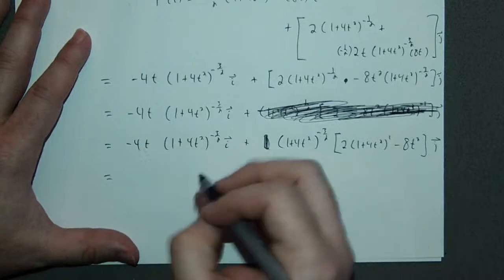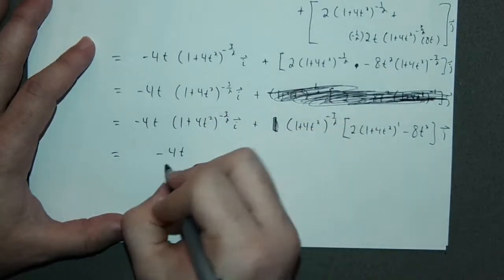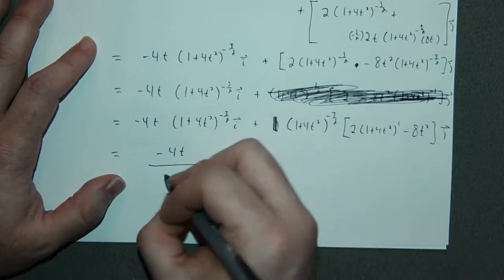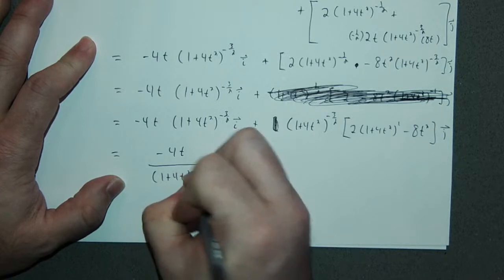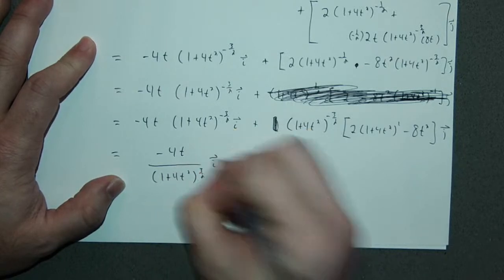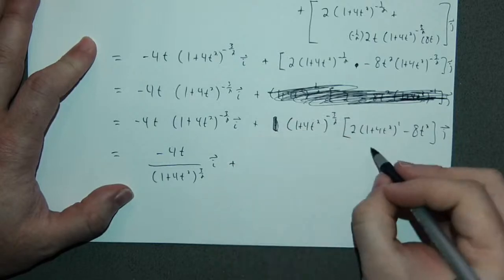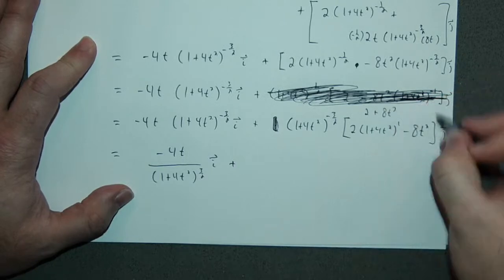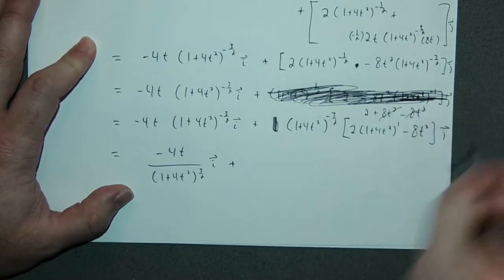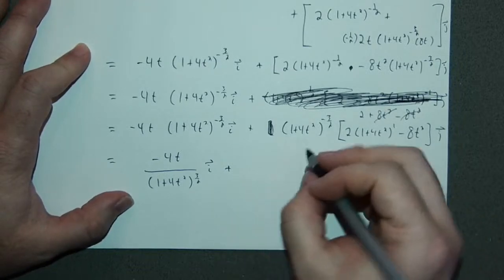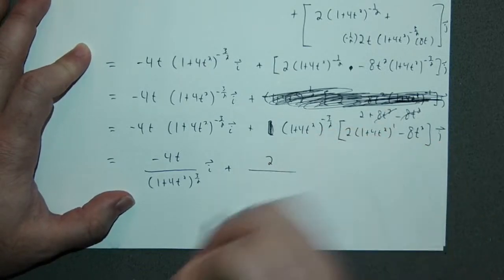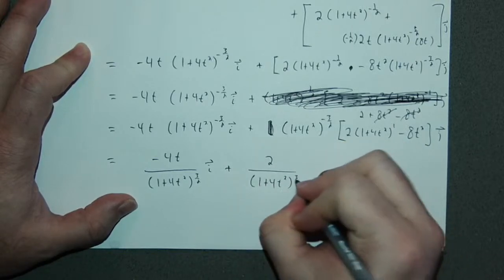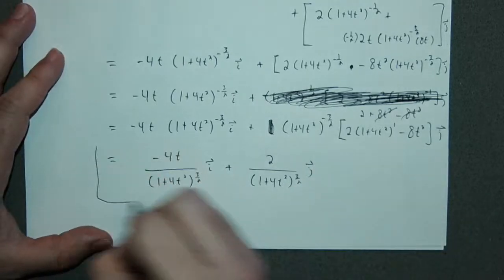And so what I have left here is minus 4t over (1 plus 4t squared) to the 3/2 i, plus, just working this out, 2 plus 8t squared minus 8t squared, those cancel, and what I'm left with is plus 2 over (1 plus 4t squared) to the 3/2 j.